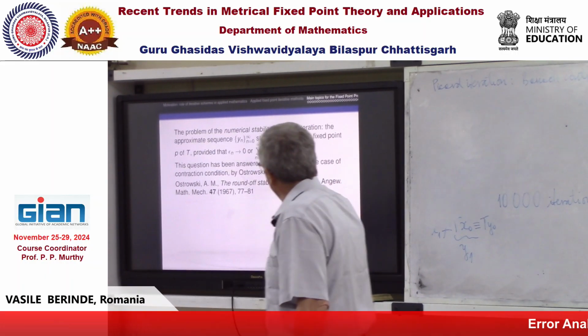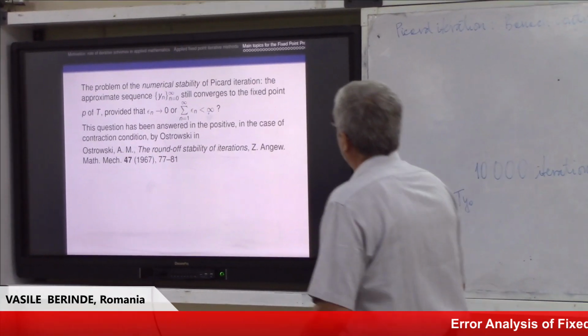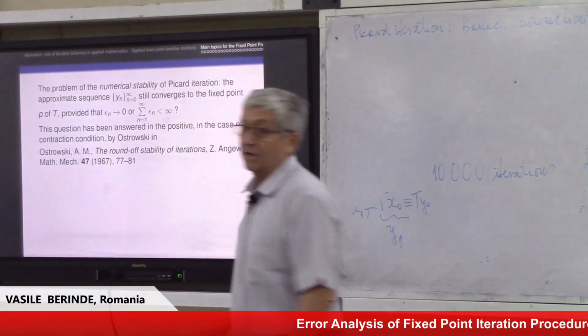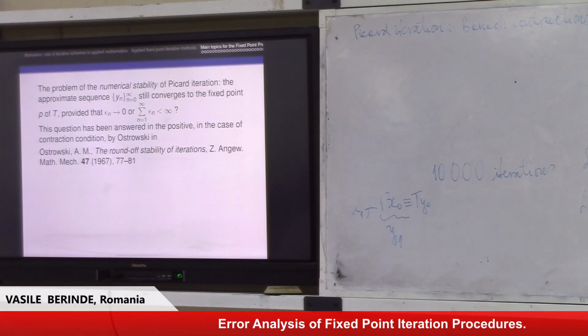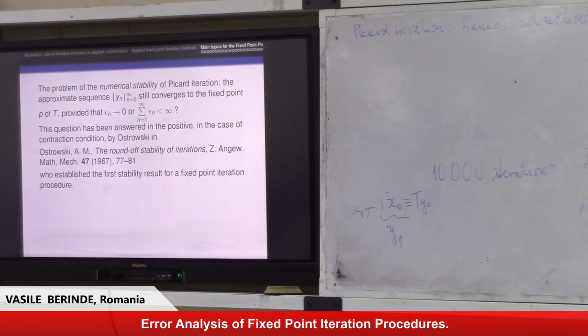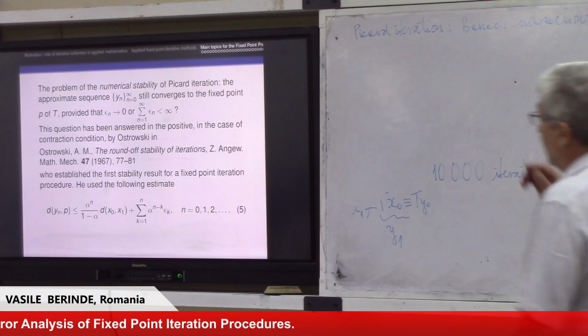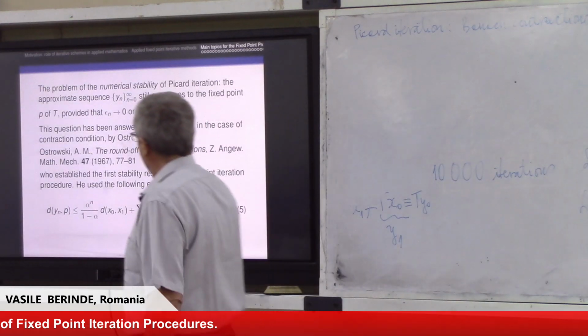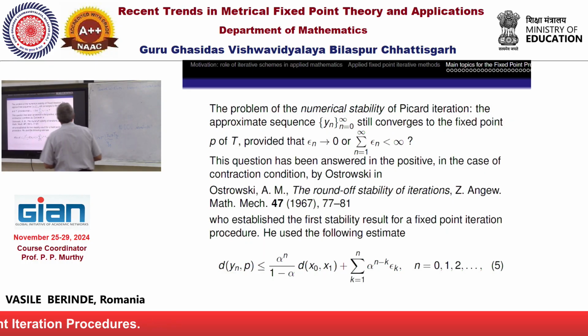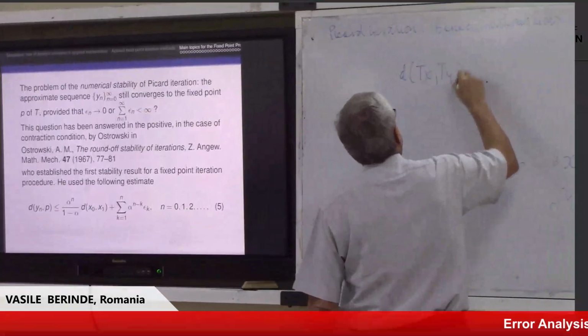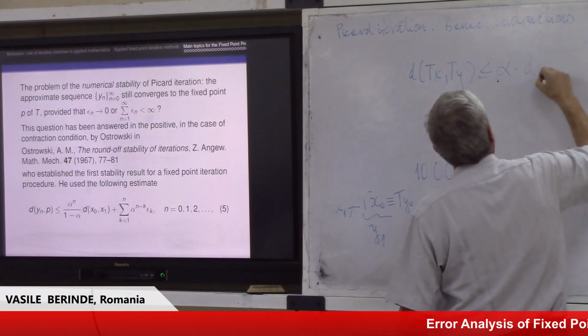But behind this is this result by Ostrowski, 1967, a very old and fundamental result. And he established this stability based on this inequality. So he has shown here, alpha is the contraction coefficient: d(Tx, Ty) is less than alpha d(x, y).